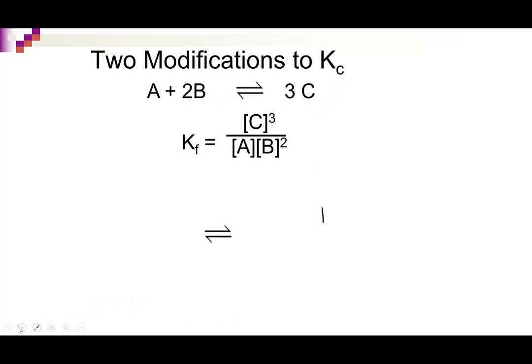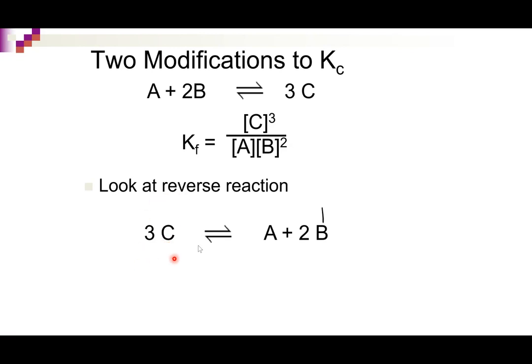What if I was interested in going the other way? What if I had a bunch of C sitting around and I wanted to see what the equilibrium looks like when it breaks down? Let's look at the reverse reaction. So now C is our reactant and A and 2B are our products. When I look at the K value here, this is the K for the reverse reaction, that's why we have the R. Now we still have products over reactants.